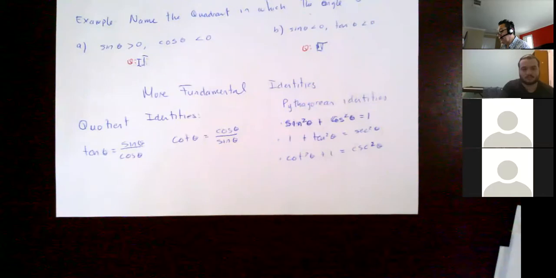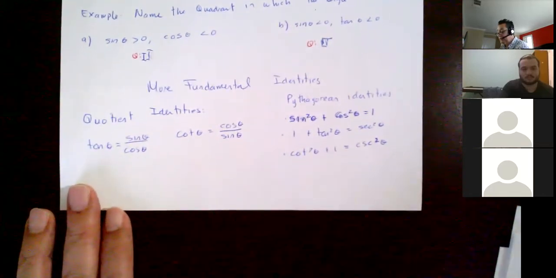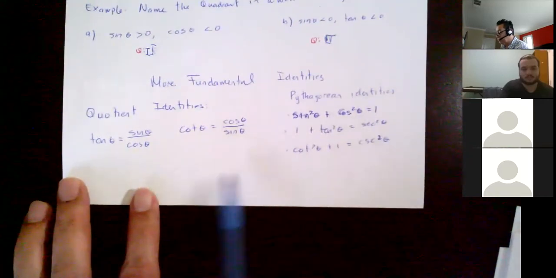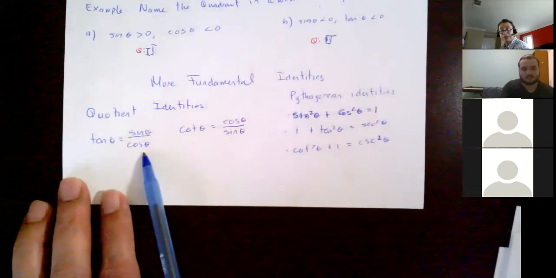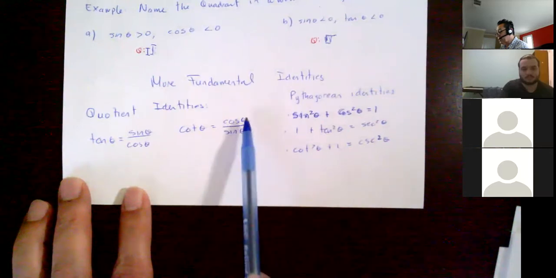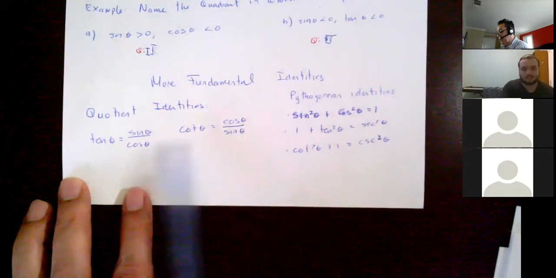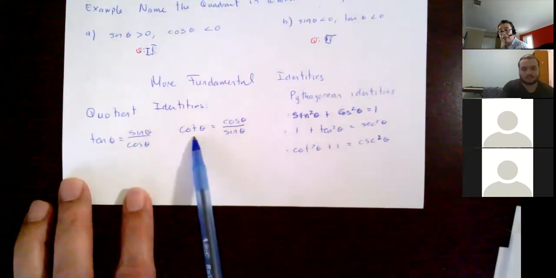Notice we have the quotient identities, which we probably have mentioned already. Tangent theta is sine of theta over cosine of theta. But cotangent theta is equal to cosine of theta over sine of theta. Why is that? Because tangent and cotangent are reciprocals of each other.